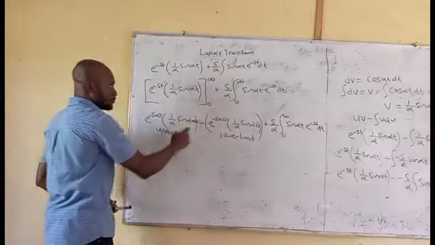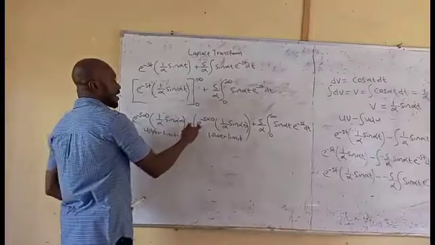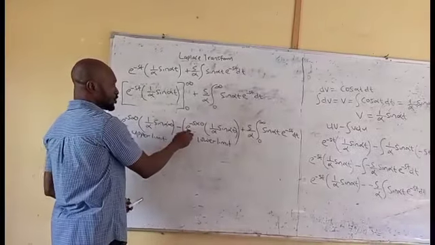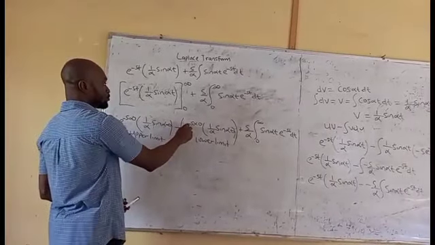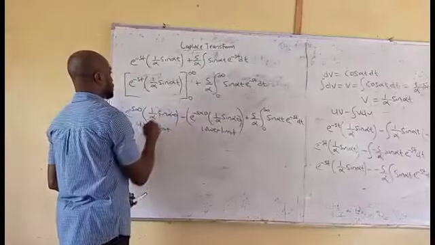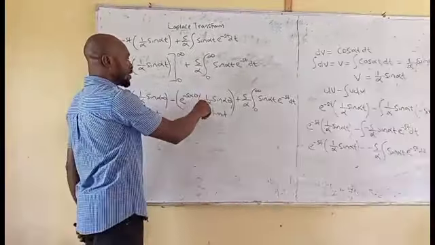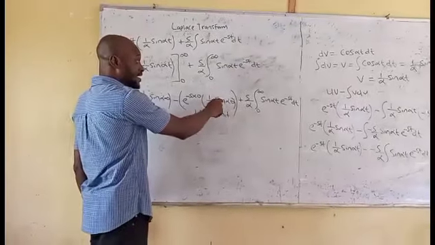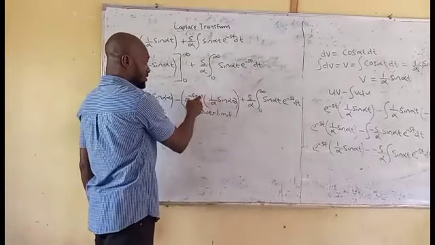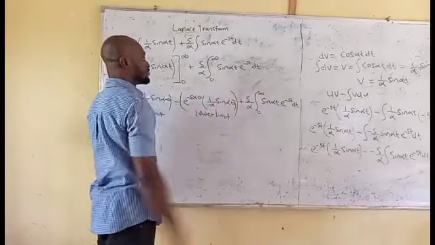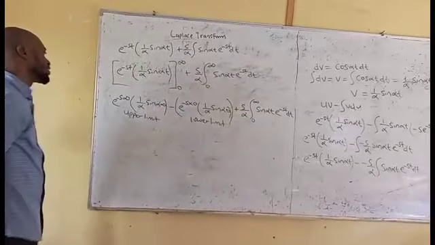Minus, in brackets, the lower limit, which is exponential raised to the power of minus x times t, which is 0, times 1 over alpha sine alpha t. The t in the lower limit is 0.